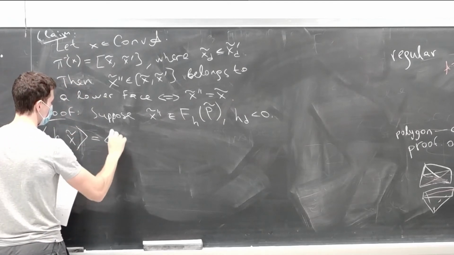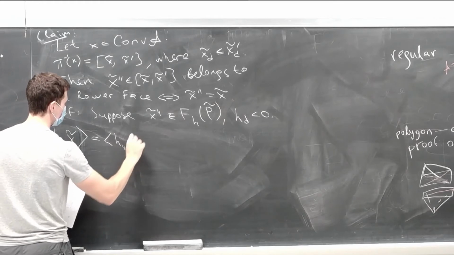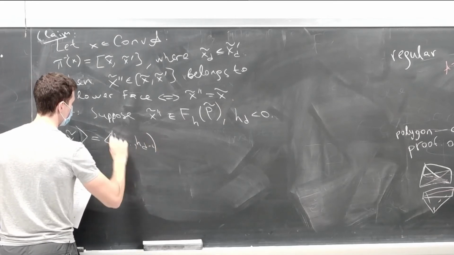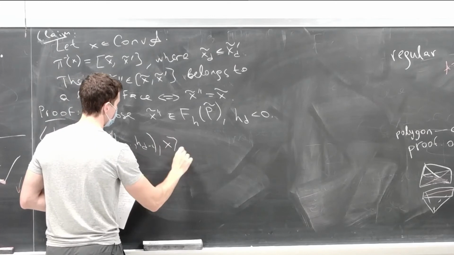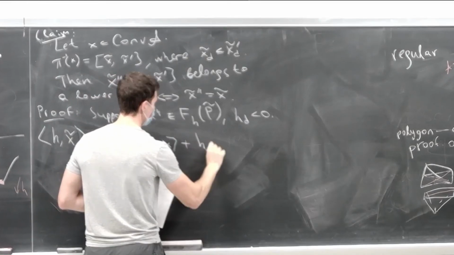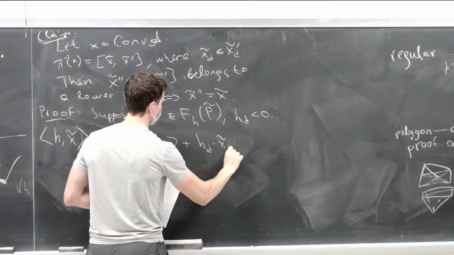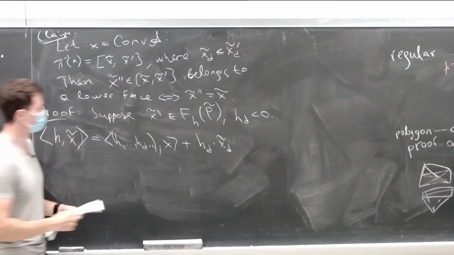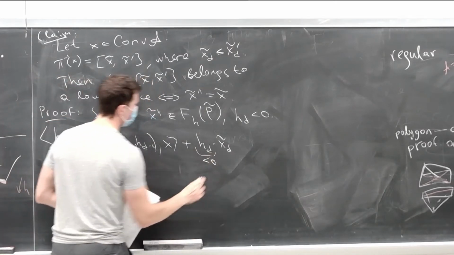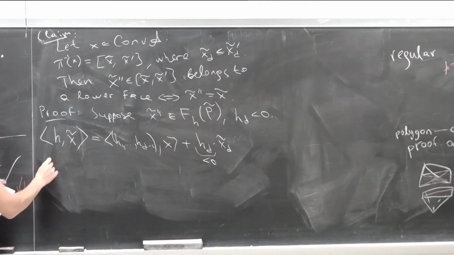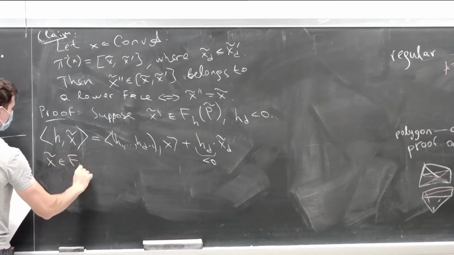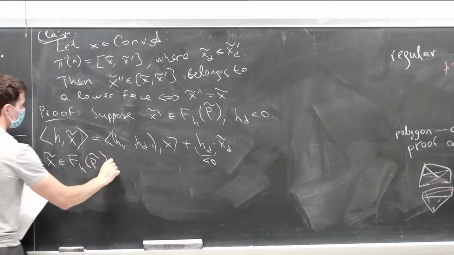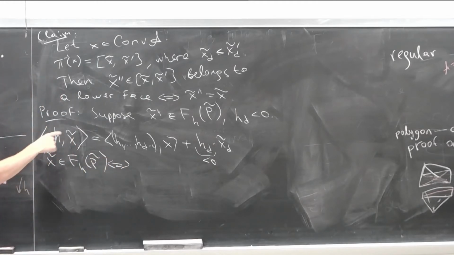So it's H_1 up to H_{d-1} dot product with x plus H_d times x tilde_d. The same is true for any point in the preimage of x. In particular, because H_d is negative, x tilde belongs to F_H of P tilde if and only if this has to be maximal.